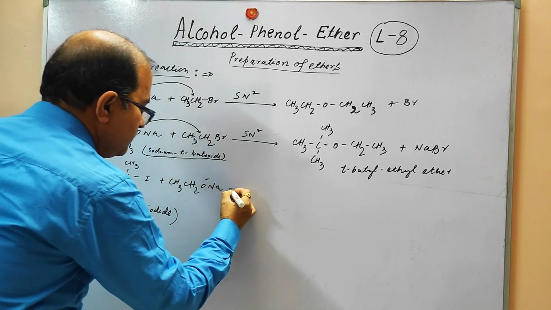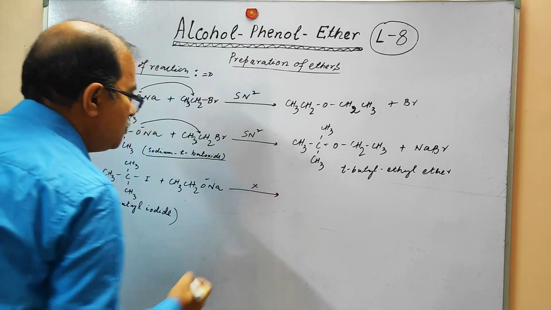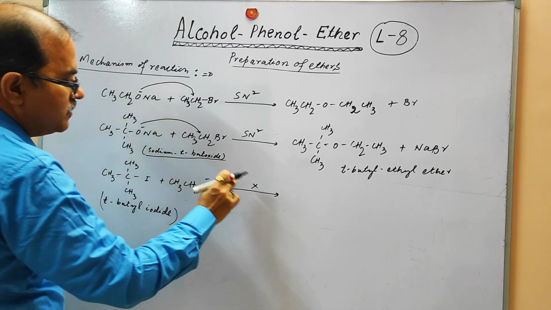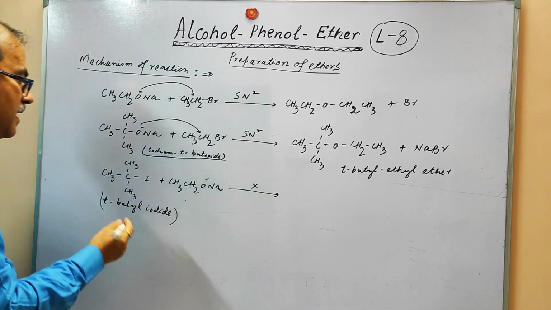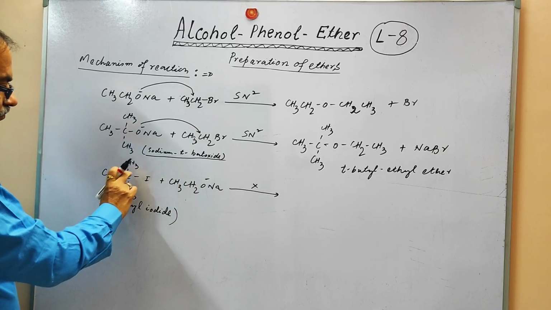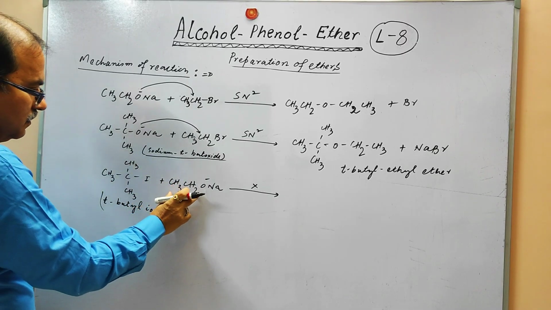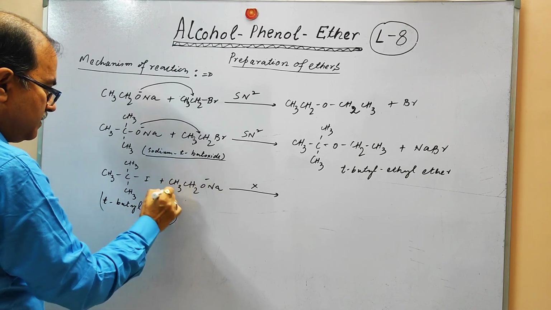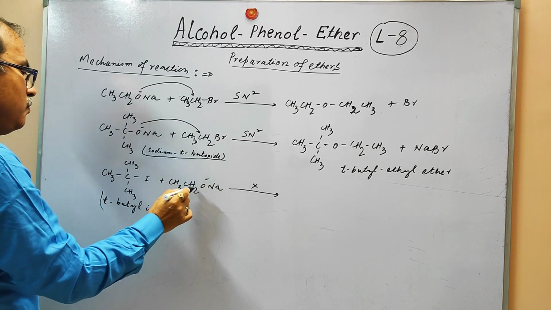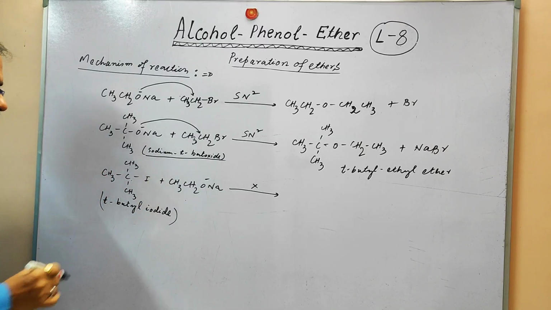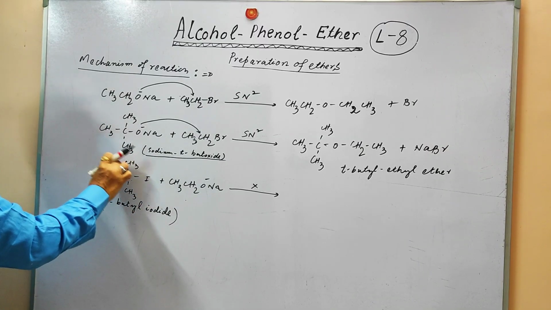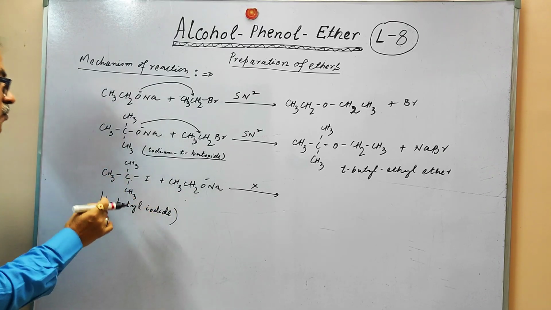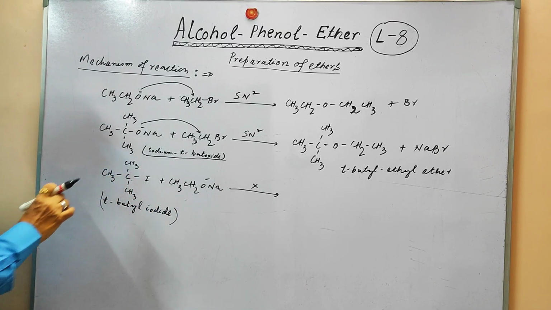At that time, this reaction will not be the SN2 reaction. This ethoxide ion will not approach this carbon atom, because it is already crowded, and so the reaction will not happen.